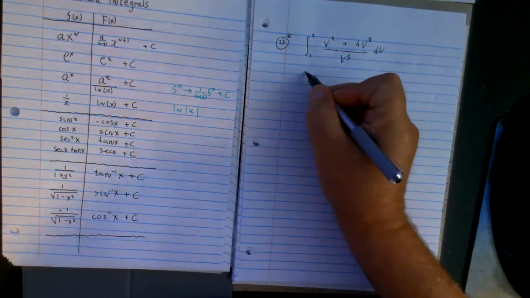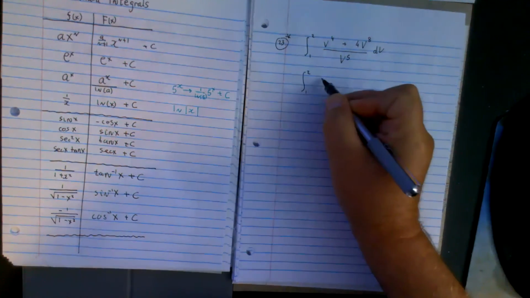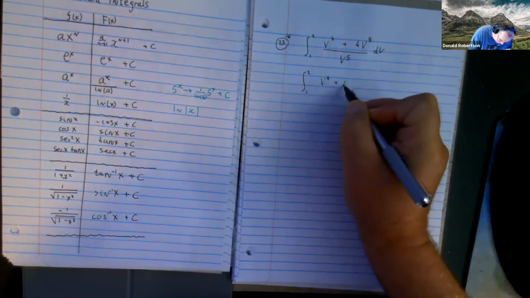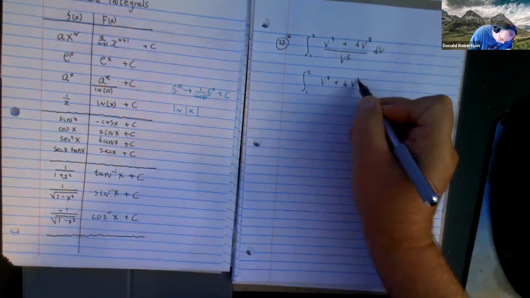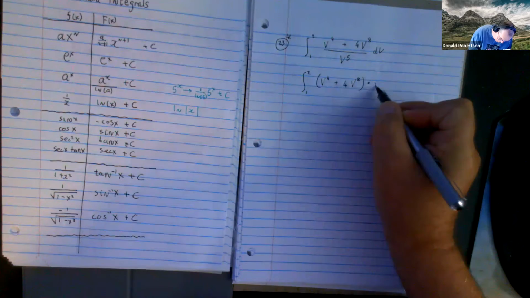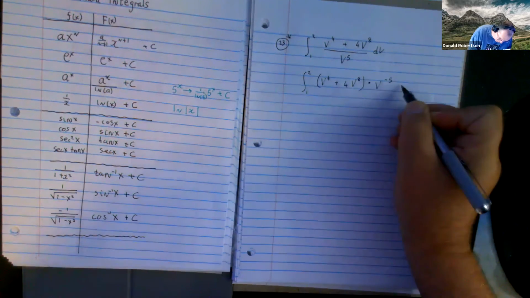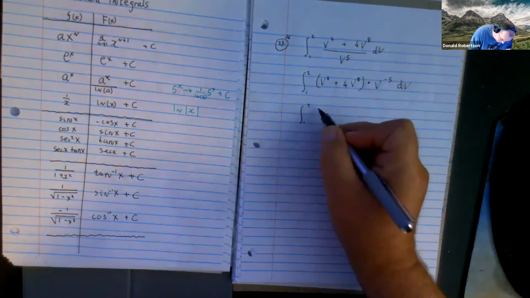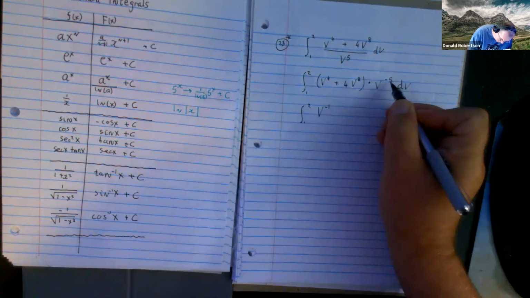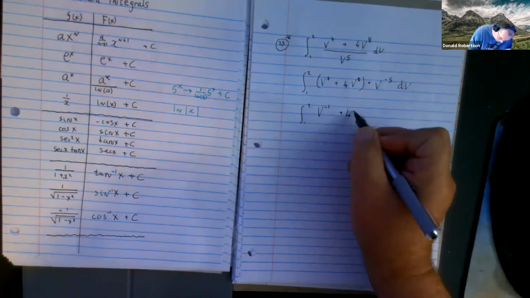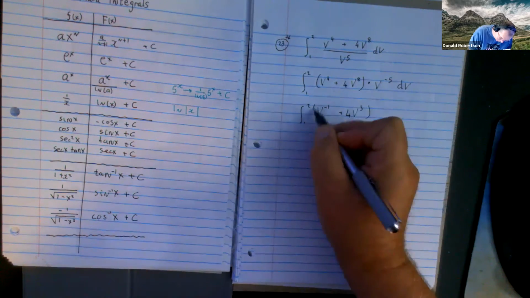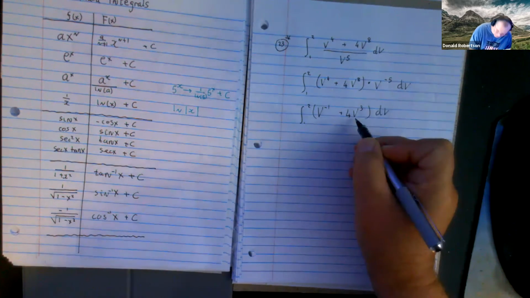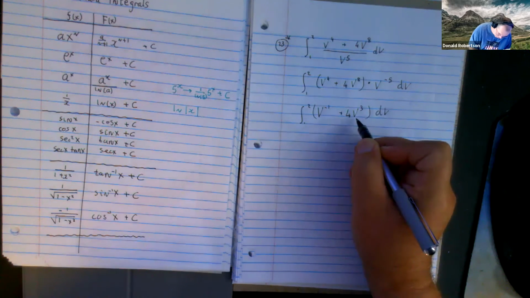The denominator is a negative power. That works fine. I like that. And then distribute it through. So that times that gets me v to the negative 1, and that times that gets me 4v cubed. I like that. And I'm really happy about this guy because I can use the power rule on him.